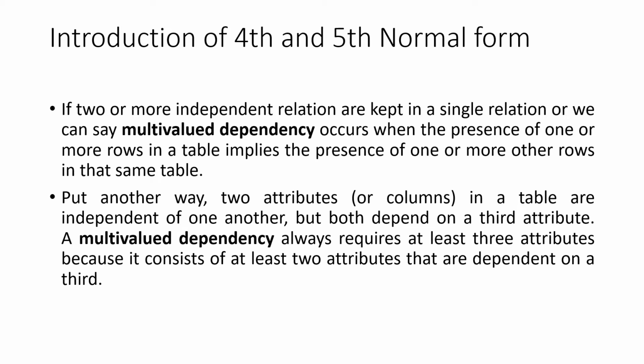Putting it another way, if two attributes in a table are independent of one another but both depend on a third attribute, a multi-valued dependency occurs. A multi-valued dependency always requires at least three attributes, because it consists of at least two attributes that are dependent on a third.